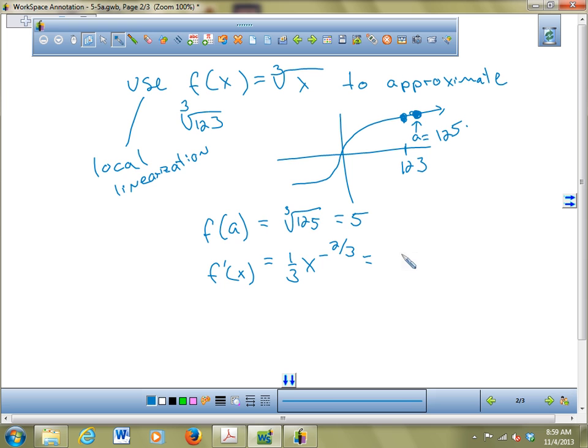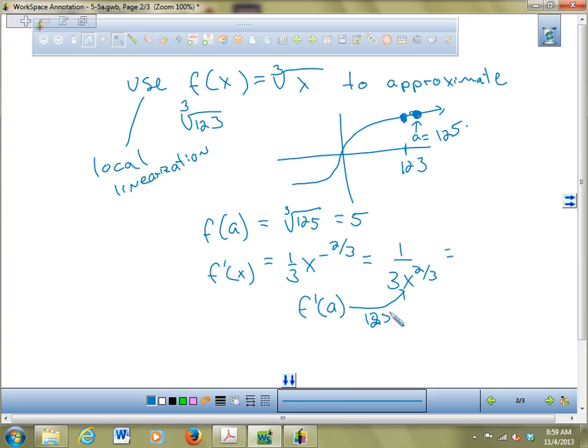So that's equal to 1/3 x to the negative 2/3. Now f prime of a is what I get when I plug in 125. The cube root of 125 is 5, squared is 25, times 3 gives you 75. See that?